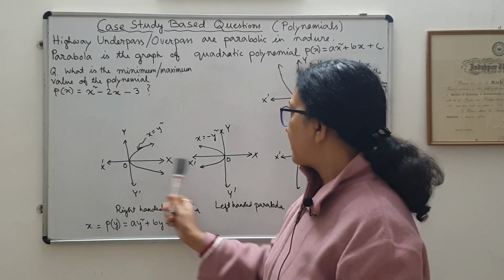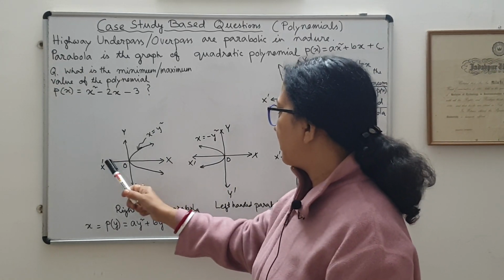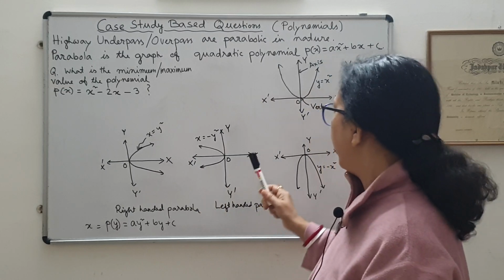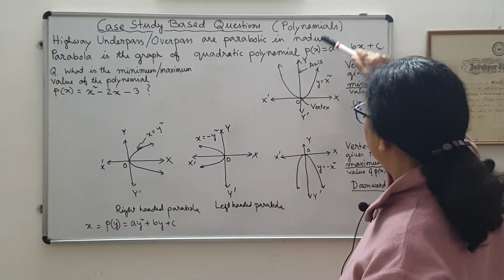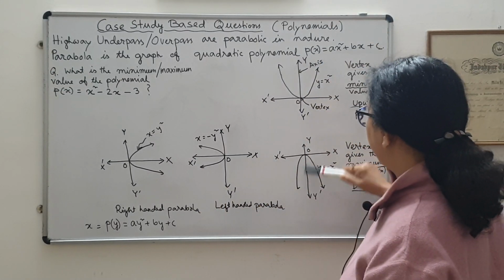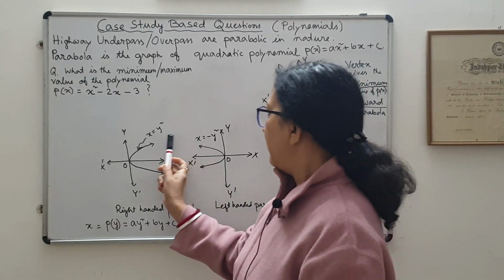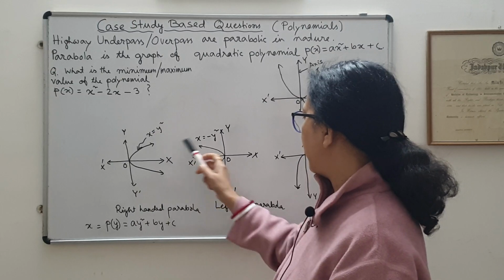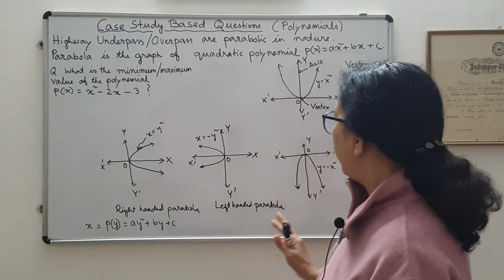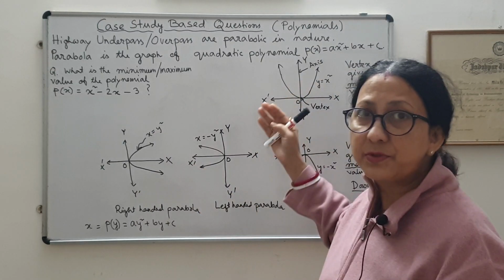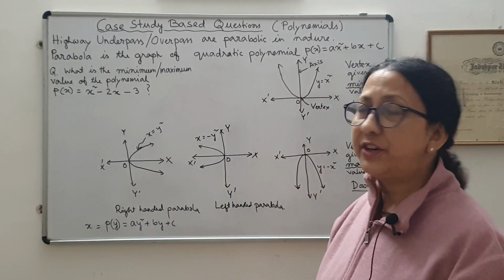And in these two cases, the parabolas are symmetric about the x-axis, the horizontal line. This is upward going, so it is upward parabola, this is downward going, downward parabola. This is right-handed parabola, and this is left-handed parabola. Now, these are the typical shapes or graphs of quadratic polynomial.